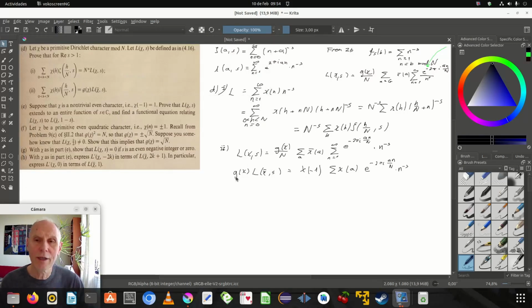I had my break, and I wrote up the right hand side here, and then we get g of chi bar times g of chi, and by problem 9 of section 2 that's equal to chi of minus 1 times the norm of the ideal, which is n.